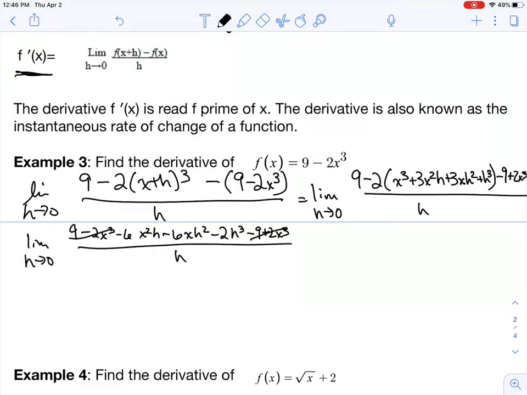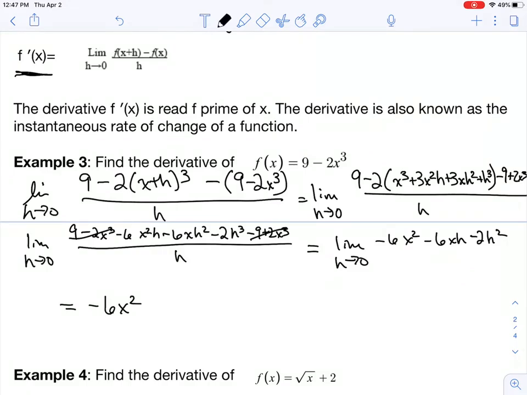The 9 and the 2x cubed are going to cancel right off the front. And then our h's are going to cancel in each term. So we have the limit as h goes to 0 of negative 6x squared minus 6xh minus 2h squared. And our h is out of the denominator now, so we can just do our substitution, and we get negative 6x squared.